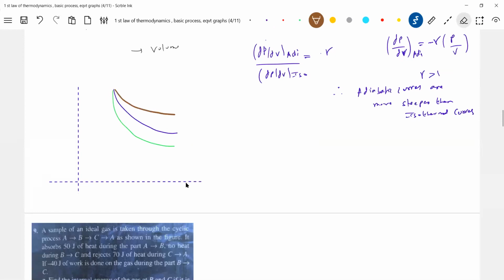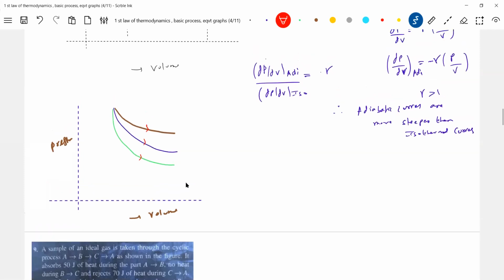Can we say anything? There's a pressure, there's a volume. Which one will be monatomic, diatomic, or polyatomic, triatomic gases? So look at the expression: dP by dV is equal to minus gamma P by V. Gamma for which gas will be more? Monatomic gas.